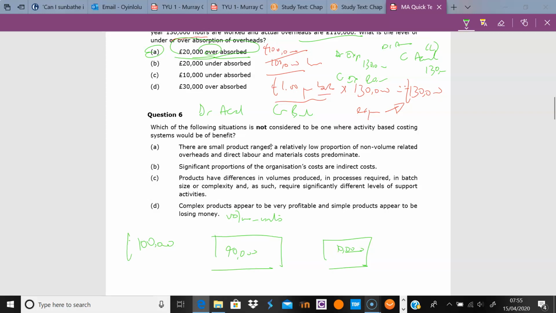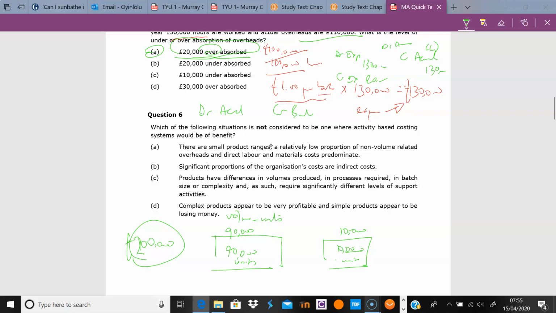If I was spreading this overhead of 200,000, and let me make it 200,000 so as not to confuse you, over these units, I would spread it almost based on the units because of the hours. I'm just going to make this up: 90,000 hours and 10,000 hours, because it's very similar units, very much volume driven.